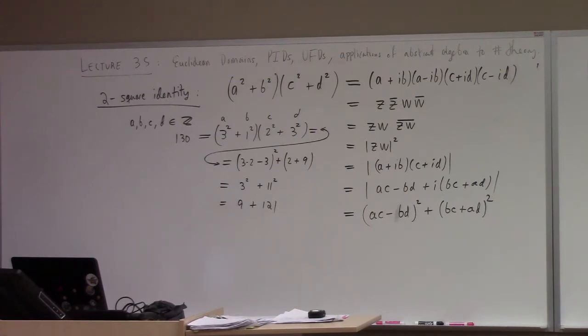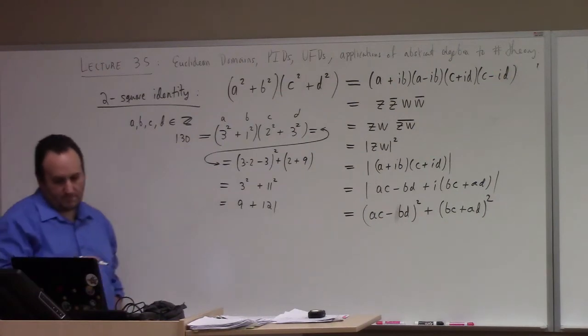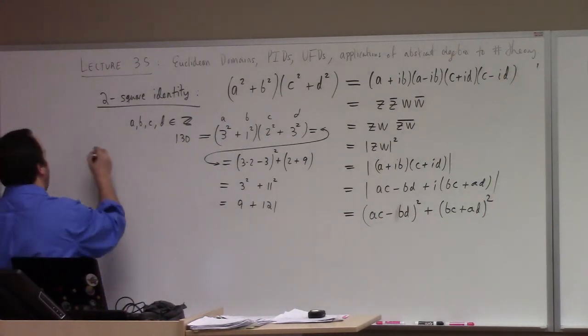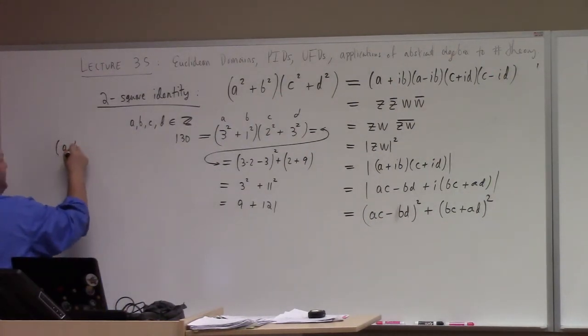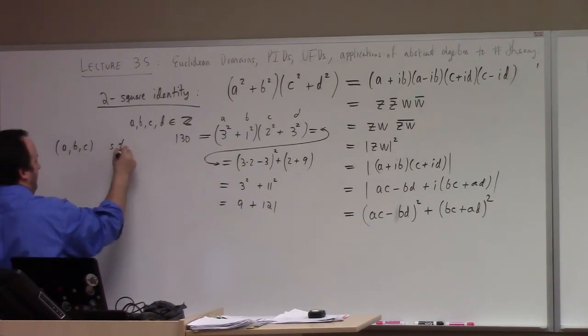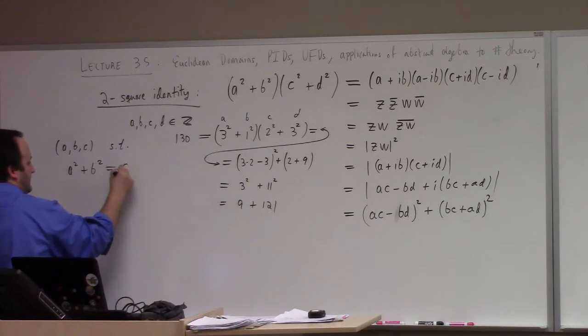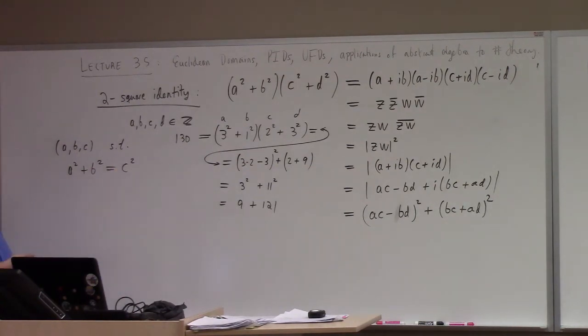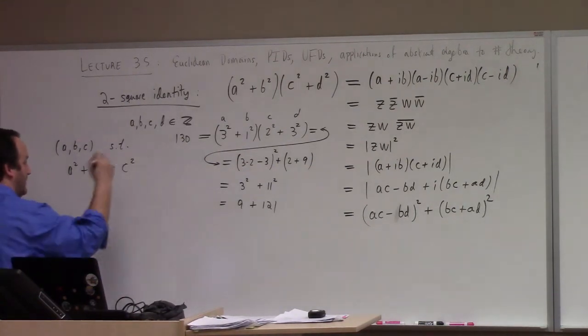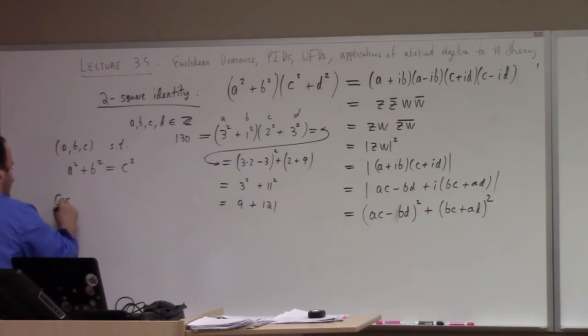And if you study this, if you have a Pythagorean triple, right? In other words, what's a Pythagorean triple? If we have A, B, C such that A squared plus B squared equals C squared, then that's a Pythagorean triple. A corollary to this two-square identity is the following.